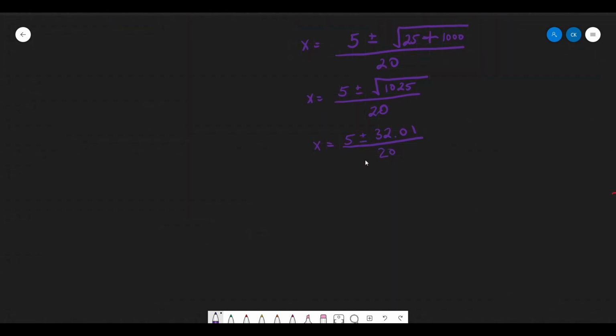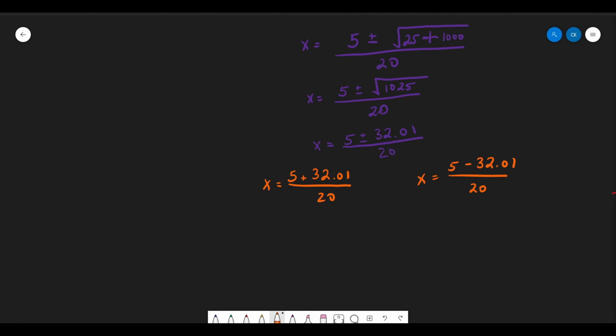We have to split this up into two different problems. One where we have the plus. So it's 5 plus 32.01 over 20. And one where we have the negative. So it's 5 minus 32.01 over 20. And now I just have to solve them both.